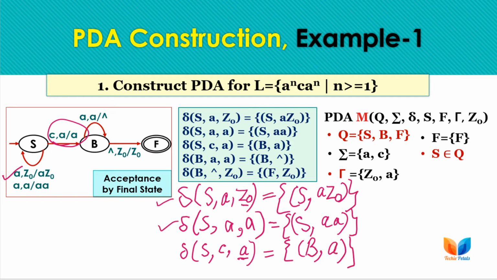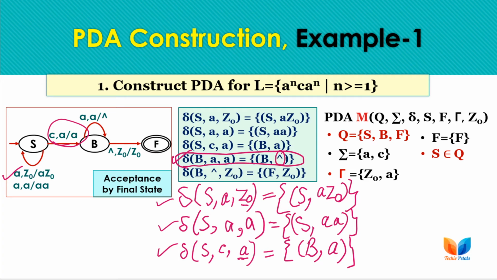These are the transitions for the state S, that is, the initial state. In the same way you can define the transitions for B. From B, for input symbol A and stack top A, we move to the same state B and replace the stack top by null.